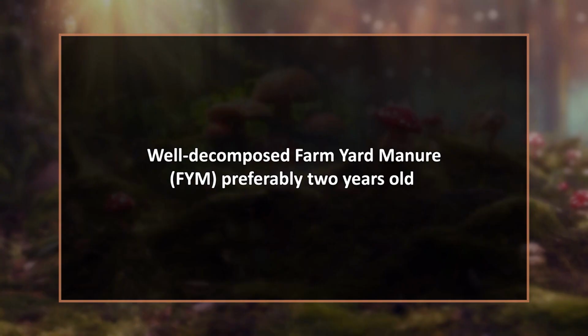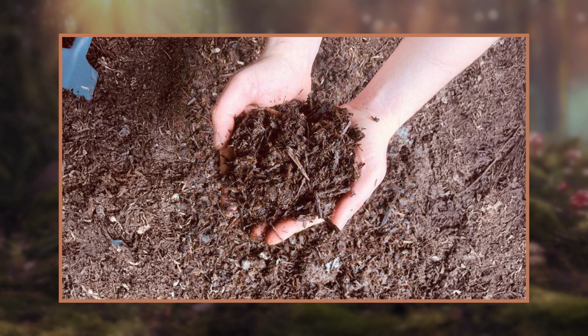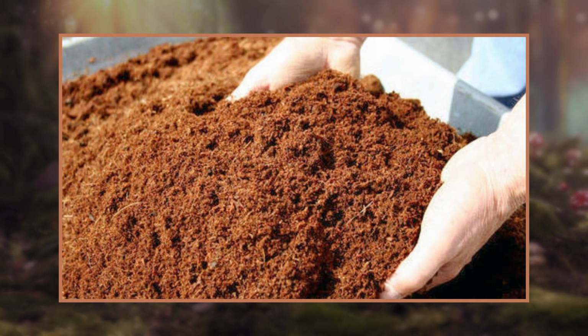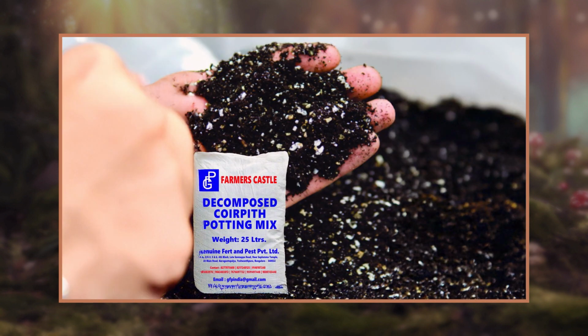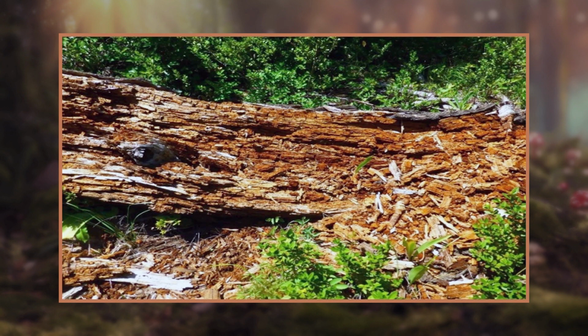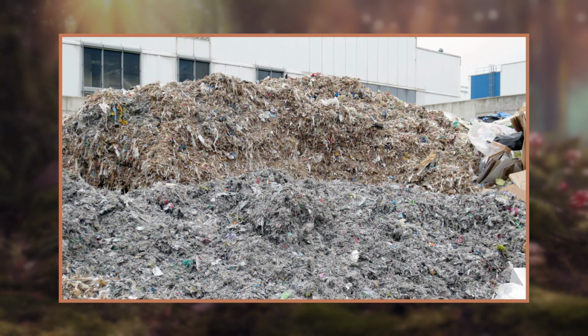In our country, casing mixture is prepared from the following ingredients: well decomposed farmyard manure, preferably 2 years old; well decomposed spent mushroom compost, 2-year-old anaerobically decomposed; composted coir pith, coir industry waste, well decomposed and water leached, in the ratio of 1:1, 2:1 and 1:2 respectively, of well decomposed farmyard manure and spent mushroom compost in the ratio of 1:1, of decomposed farmyard manure or spent mushroom compost with composted coir pith, decomposed powdered bark of some forest trees, paper industry waste.